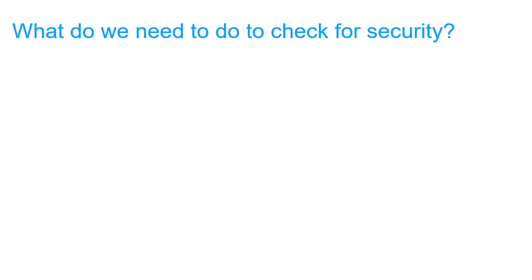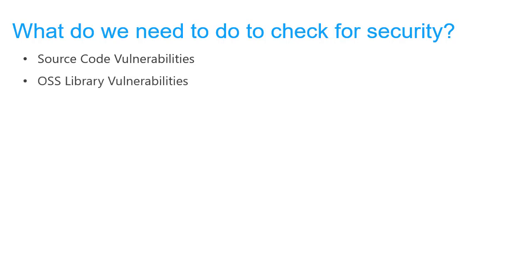First, we need to check our source code for vulnerabilities. Also, the open source libraries for vulnerabilities, because we may have good practices to prevent vulnerabilities in our source code, but the open source libraries that we consume may have some vulnerabilities.